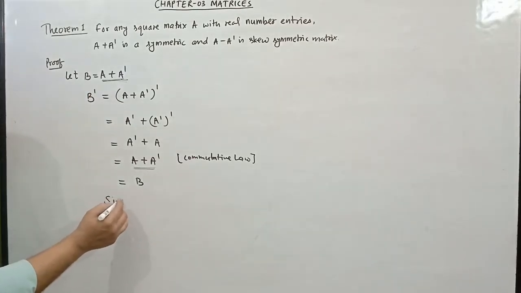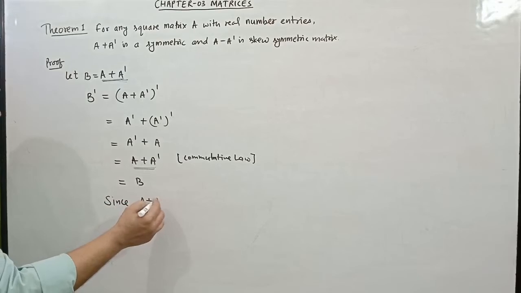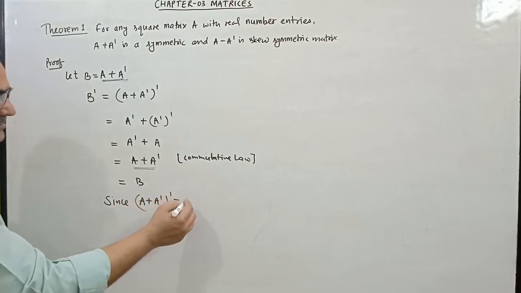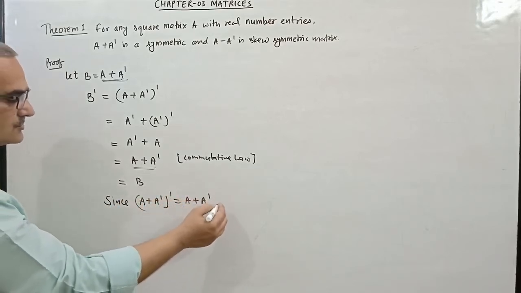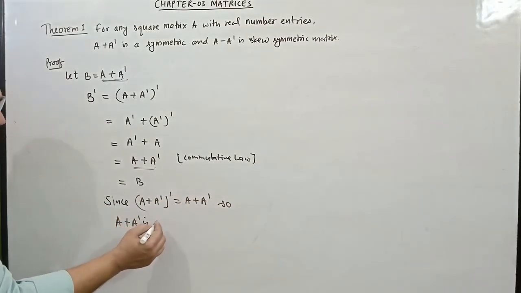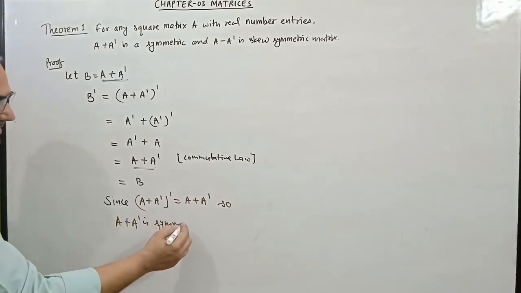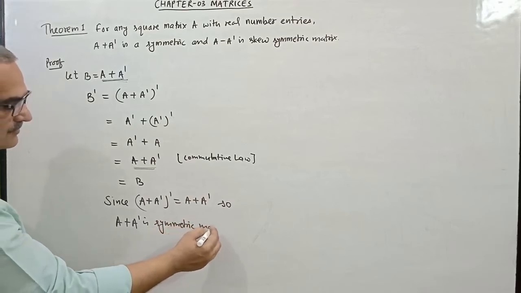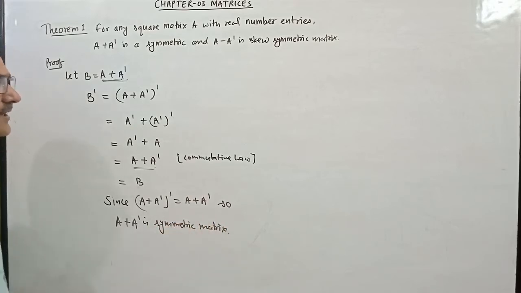So you have to write here, since the transpose of A plus A dash is equal to A plus A dash, A plus A dash is a symmetric matrix. So this is a symmetric matrix.